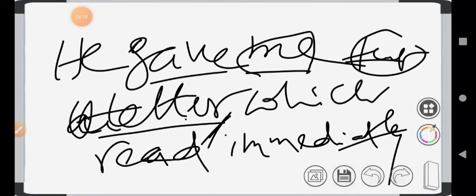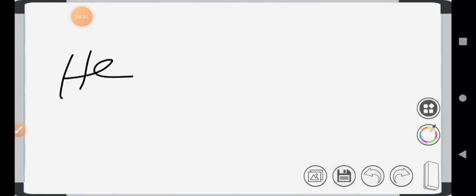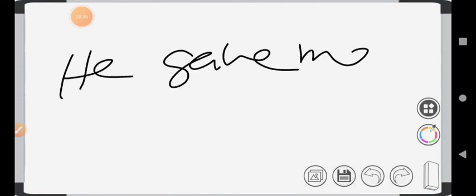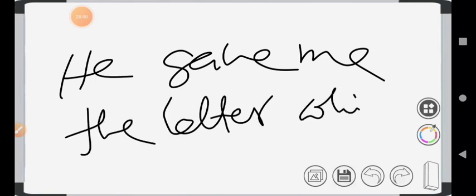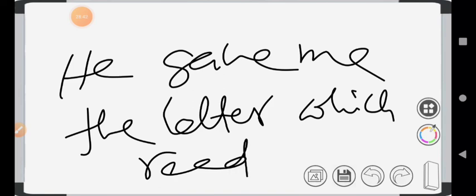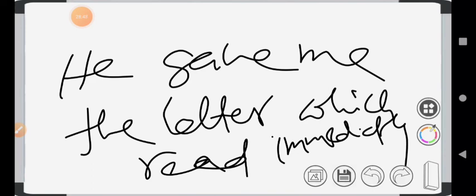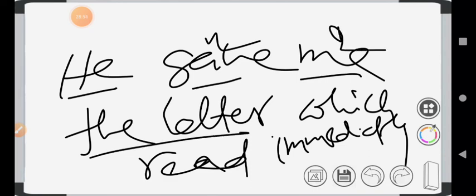He gave me the letter, which I read immediately. That means he is the subject, gave is the V2 verb, me is the indirect object, and the letter is the direct object.